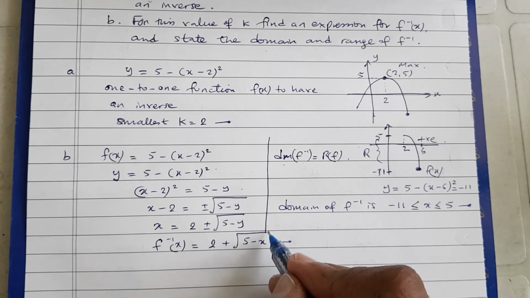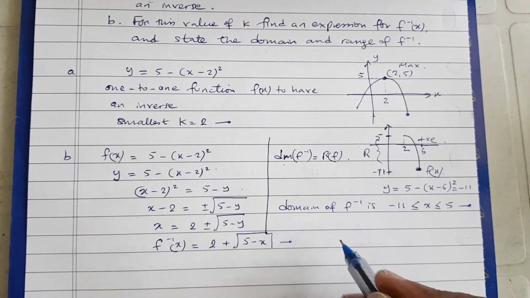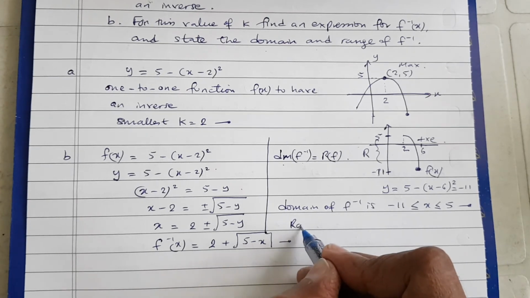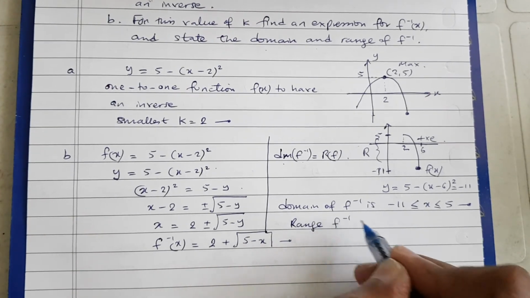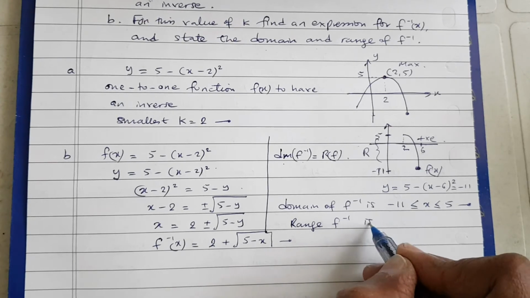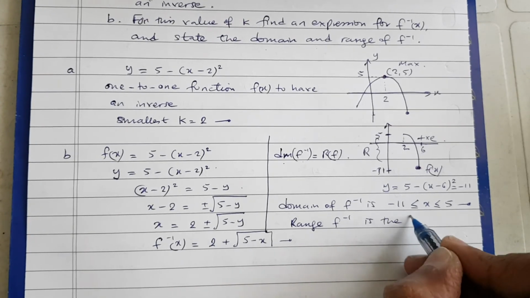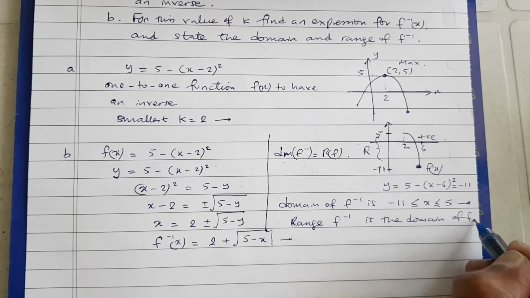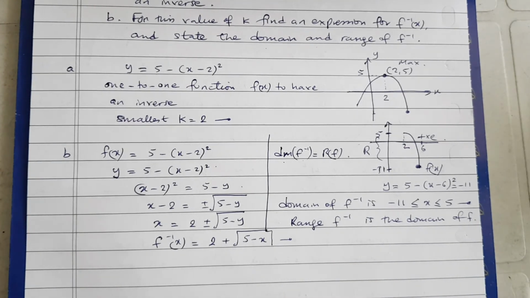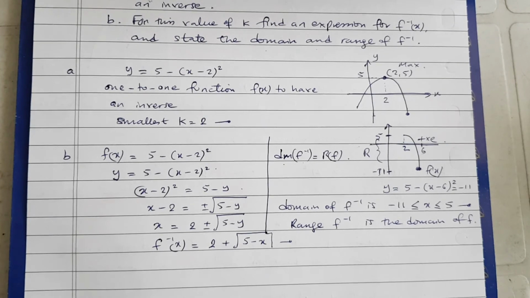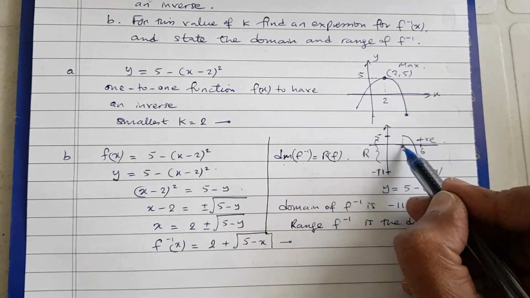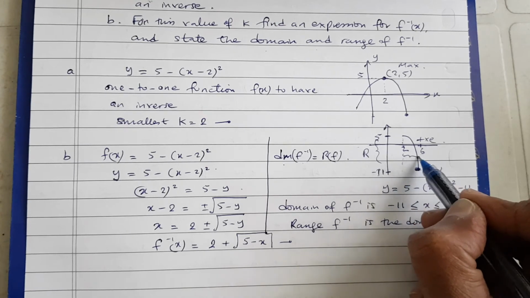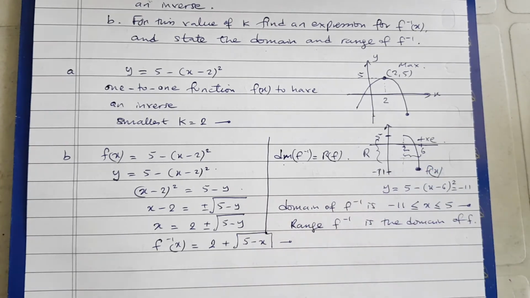Remember, it's the same thing that we mentioned before: the range of f inverse is the same as the domain of f. Now what was the domain of f? The domain of f was basically from 2 to 6. That's our domain.